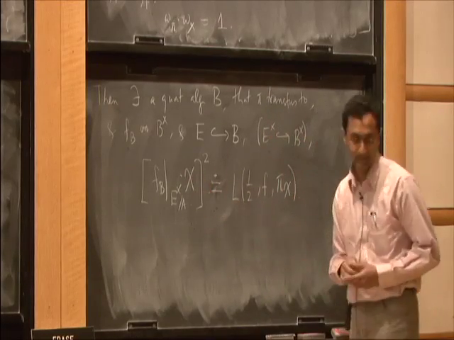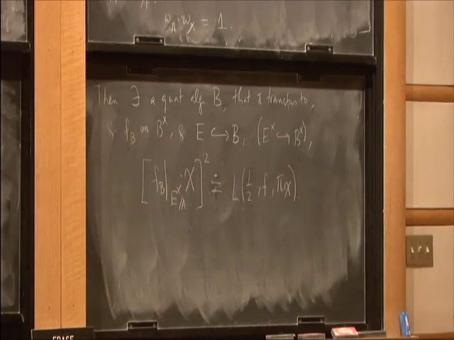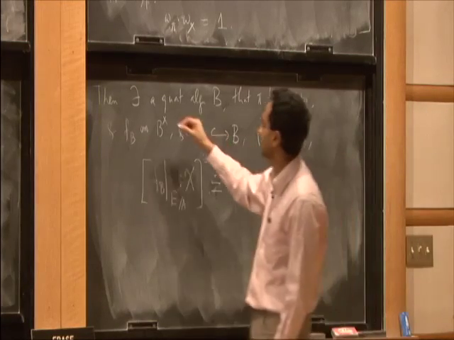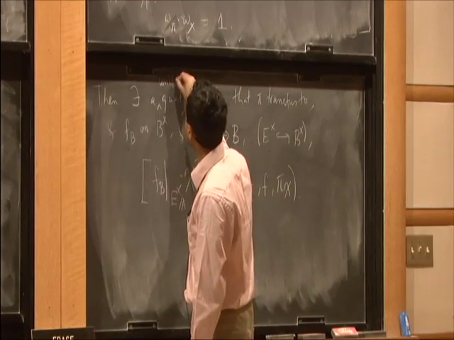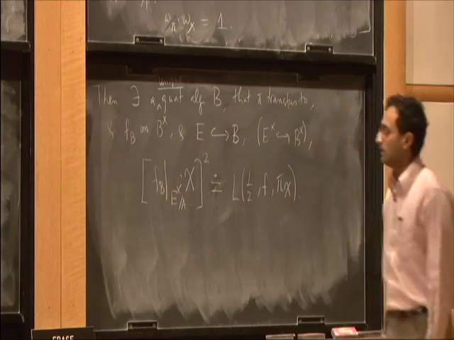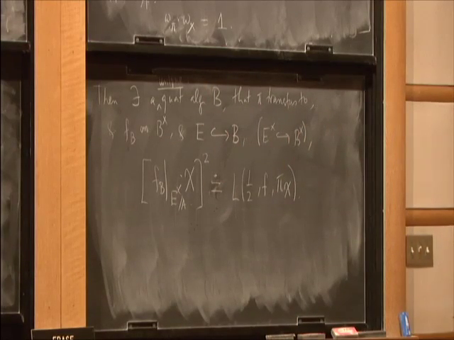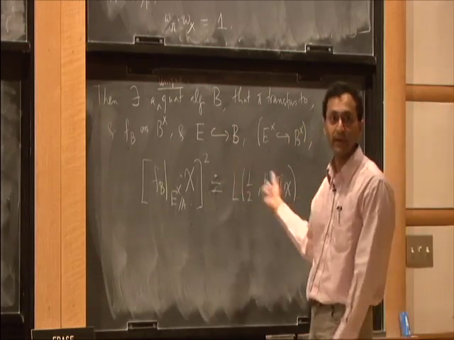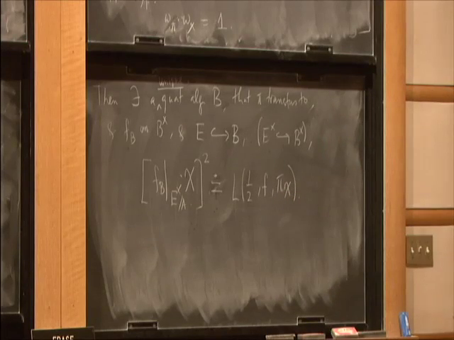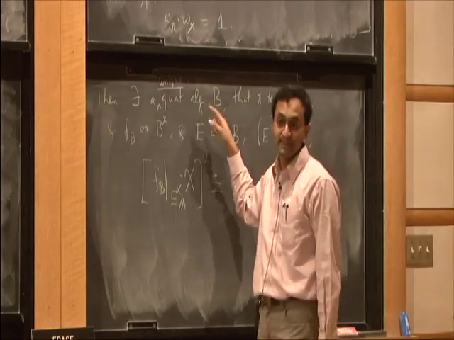The structure of the formula says there is a quaternion algebra. In fact, it's a unique quaternion algebra, such that when you take this form on the quaternion algebra and take this period against chi and square it, you get one of these Rankin-Selberg L values. Okay? And which quaternion algebra is it? How do you identify it?